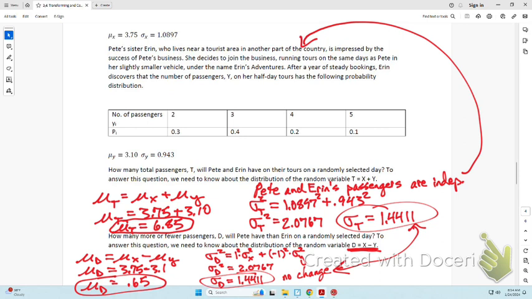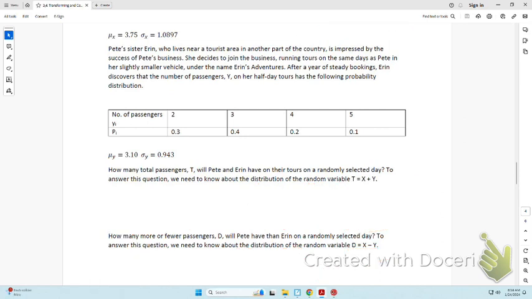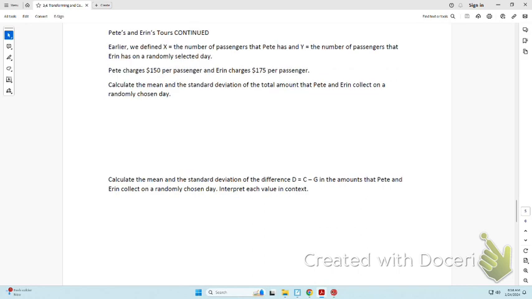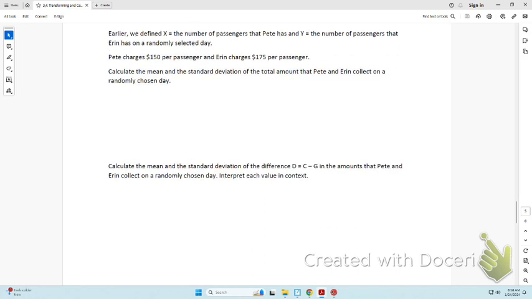All right, moving on. Let's look at the money part of Pete and Erin's situation. So we know that Pete is charging $150. Erin charges $175. So what we need to do is write our function for total amount that they collect.